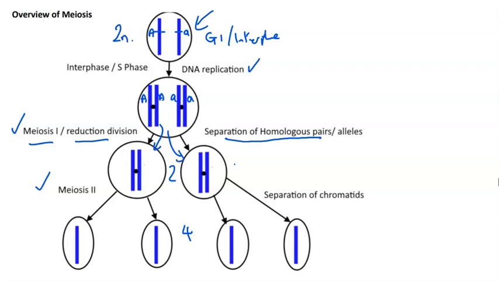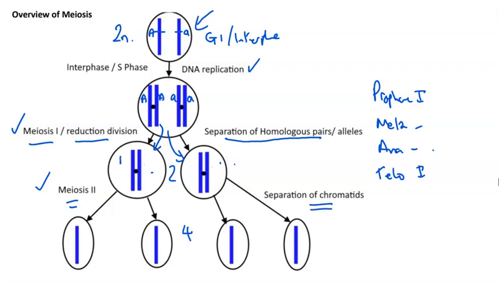Now, if we track the details of Meiosis I, we would find an example of prophase 1, metaphase 1, anaphase 1, and telophase 1. The ultimate outcome of that will be the separation of the homologous pairs. The second round of meiosis separates the chromatids.